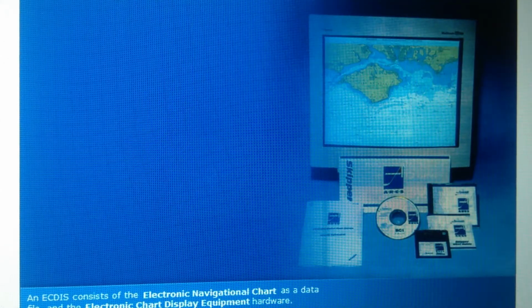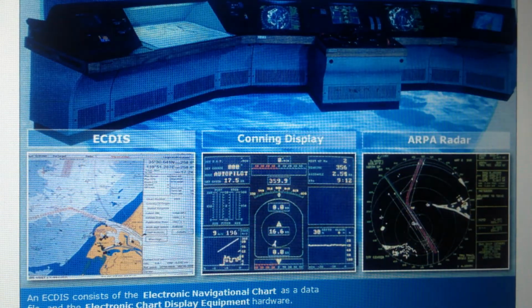An ECDIS consists of the electronic navigational chart as a data file and the electronic chart display equipment hardware. This is the definition of a system which shows or integrates on one display, where we earlier have separated it into 3 different places on the bridge of a ship: the chart, the position, and the radar.